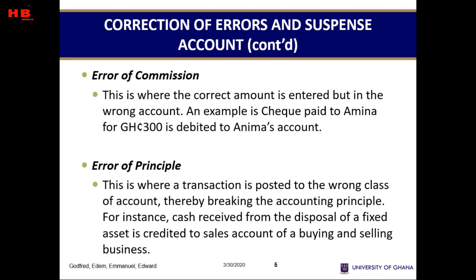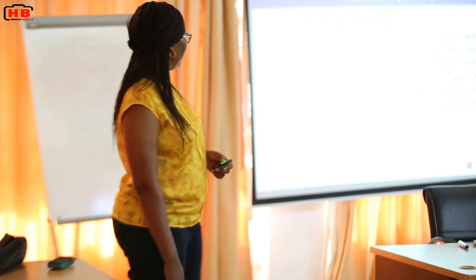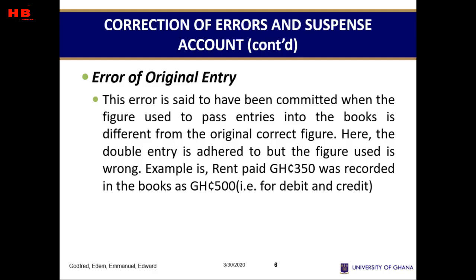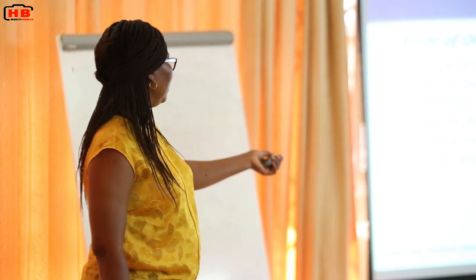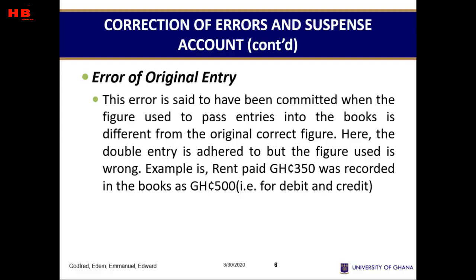So we have the error of original entry. This error is committed when the figure used to pass the entry is different from the original figure. However, even though it is different, we still adhere to double entry. Why? Because if instead of 500 we used 350 as the example is cited, it will still balance.